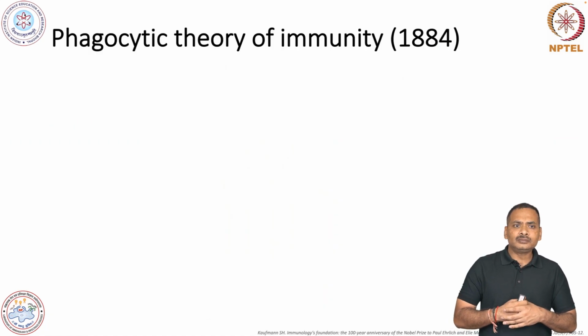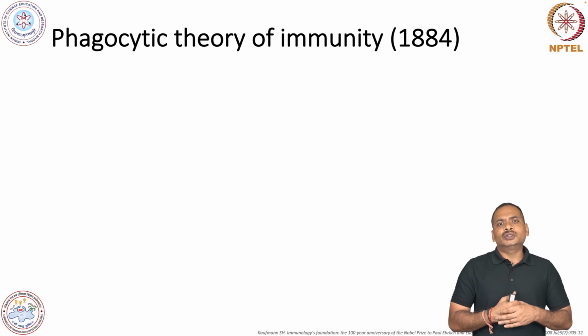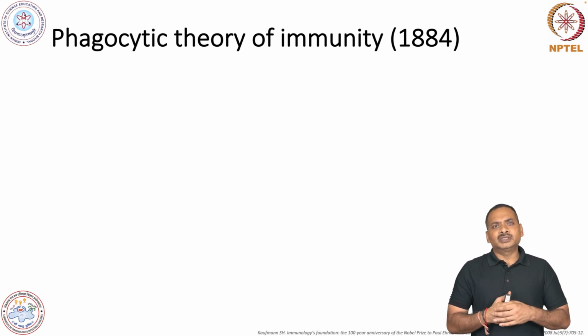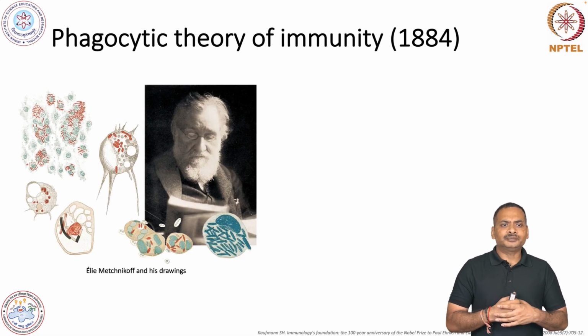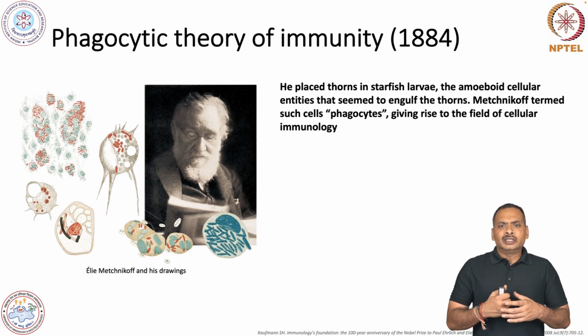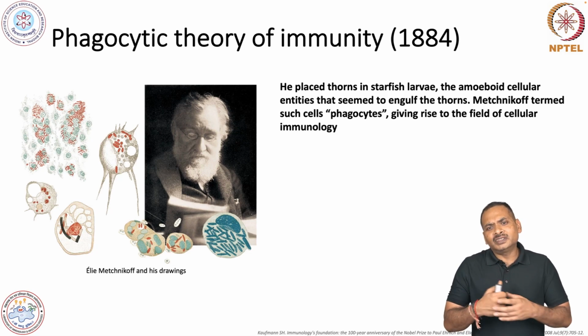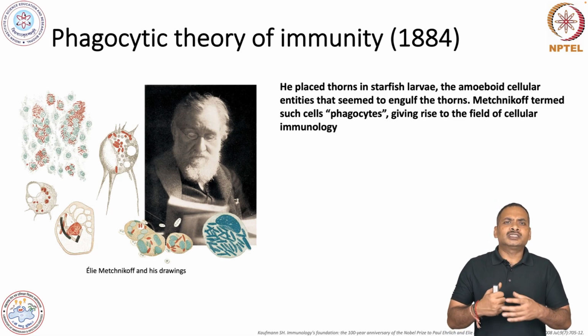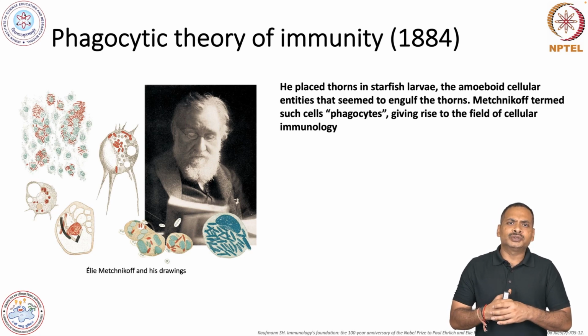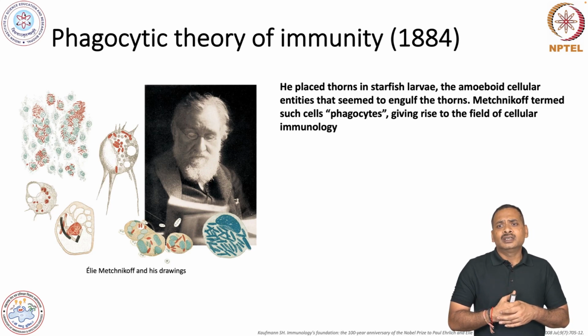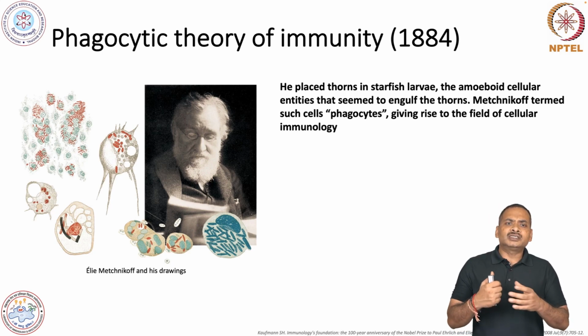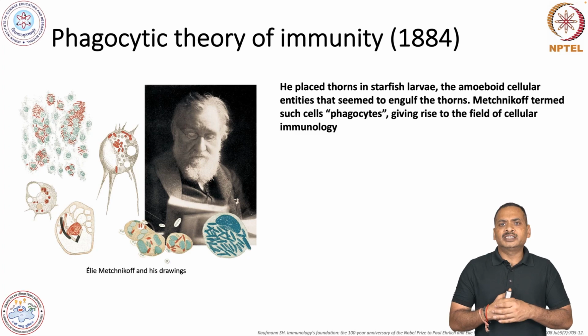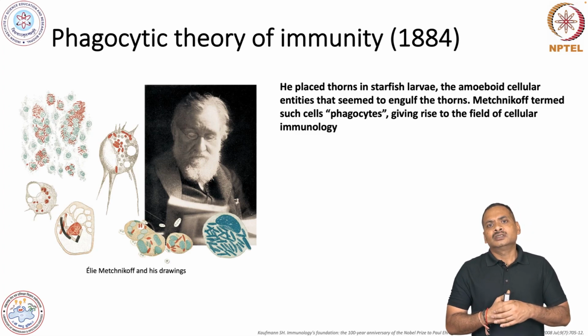The phagocytic theory of immunity was basically given by Mechnikov around 1884. He observed that when he introduced a thorn into a starfish larva, the amoeboid cellular entity seemed to engulf the thorn.